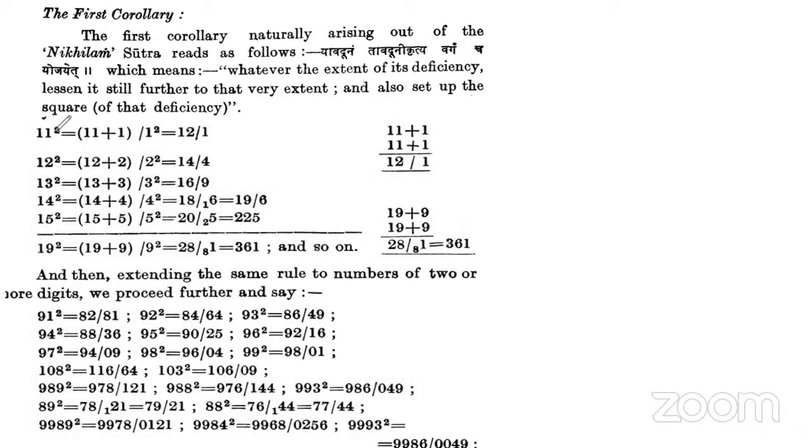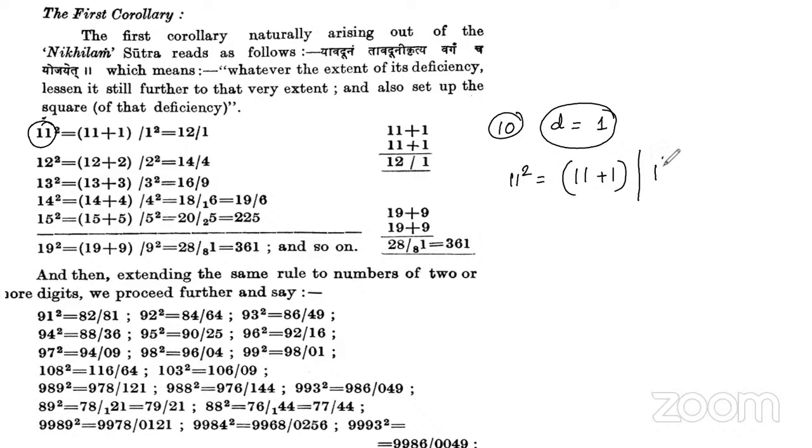So this is 11 square. It is very near to 10. So from 10, the deviation of 11 will be 1. Okay. So 11 square is equal to, whatever deviation is there, we have to add to the given number and square the deviation. So 121 is our final answer.